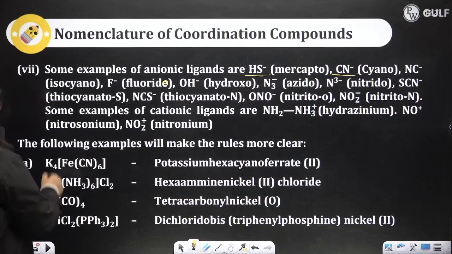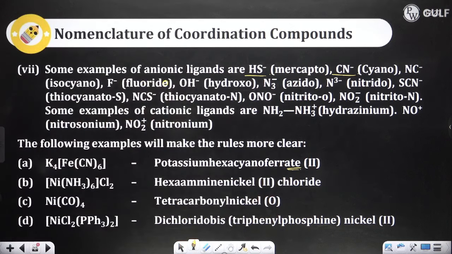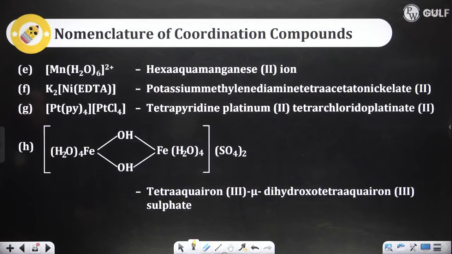Then the ligand in the coordination sphere, hexacyanoferrate. Why? Because the coordination entity is negatively charged. Right? So here are some of your examples. Please have a look at it. All right then. Here are some other examples to add on to it. Please have a look.